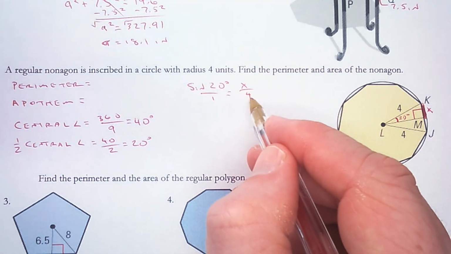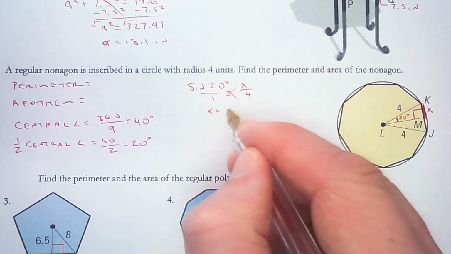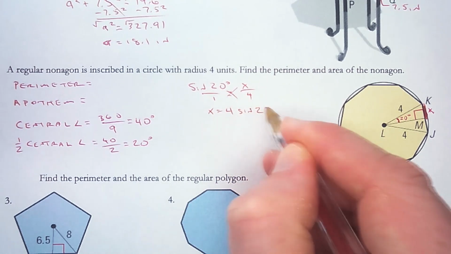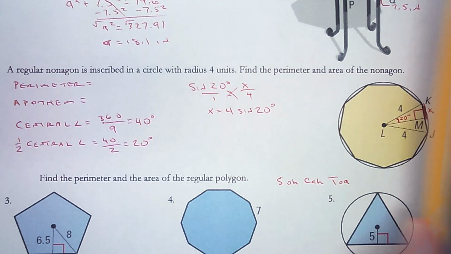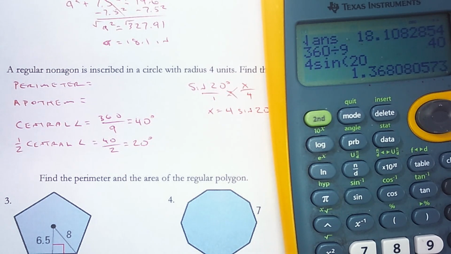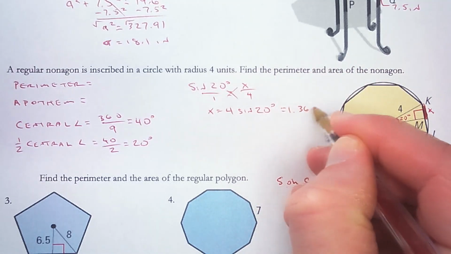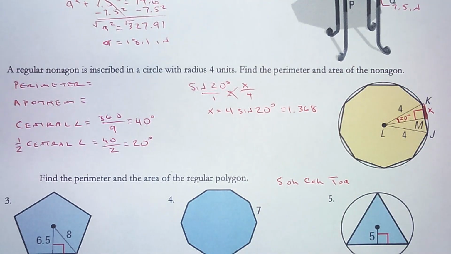So let's cross multiply since we have a number on the bottom here. So we have 1x equals 4 times sine of a 20 degree angle. So we have 4 sine 20, and that is 1.368. And I'm going to keep all three of those decimals, 1.368.